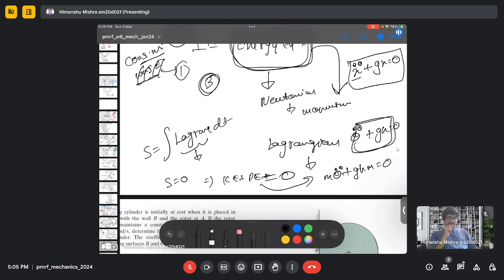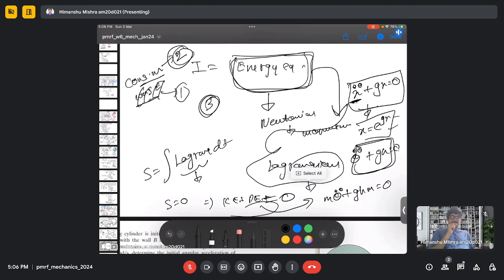This is the differential equation where you define the acceleration x double dot plus some distance term g x. You can solve this differential equation, and you will get x in terms of some exponential of g x or something like that. So basically, this is the way you are calculating from the energy principle. But that is a little beyond what you study in the UG. But yes, you can actually get the momentum equation.